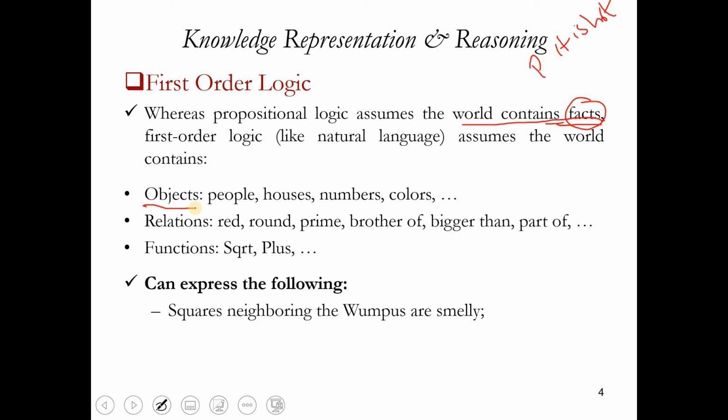For example, squares neighboring the wumpus are smelly, squares neighboring a pit are breezy. These things were not doable in propositional logic. Here it is possible. Also we can say, for example, all the cells in wumpus world are free of pits. There are no pits.